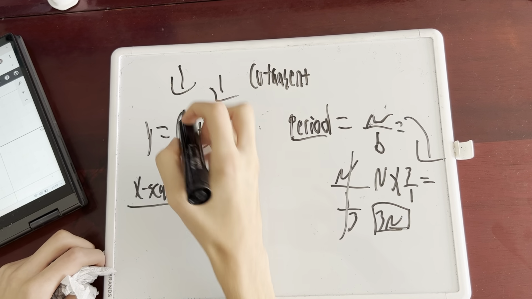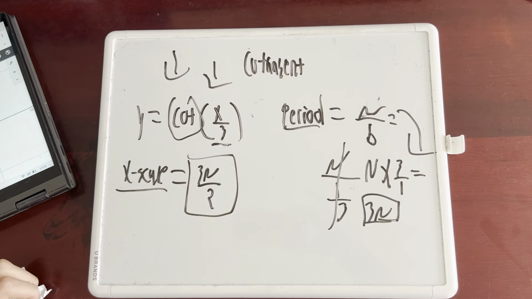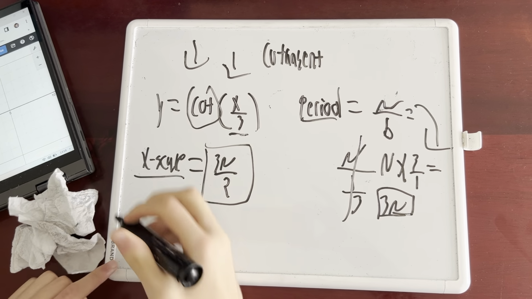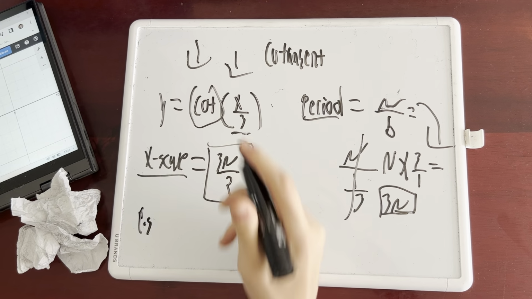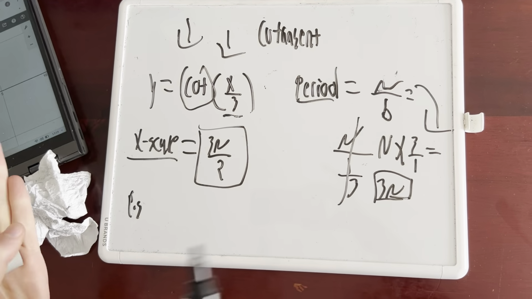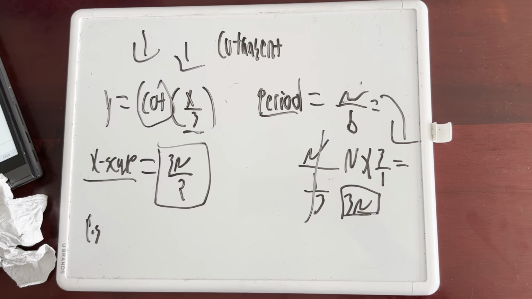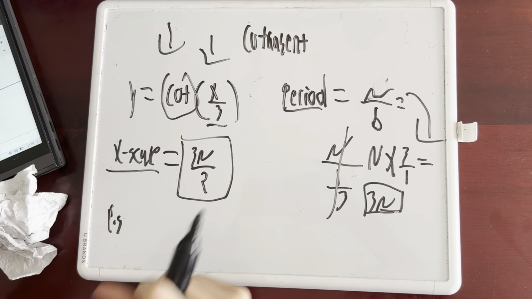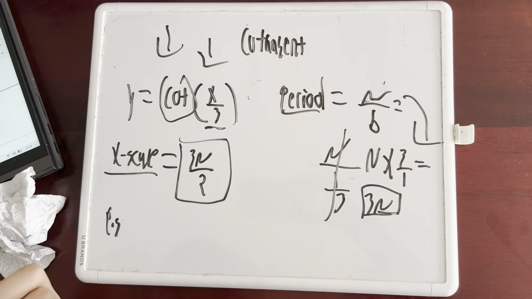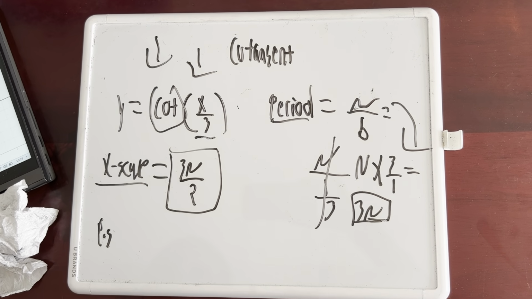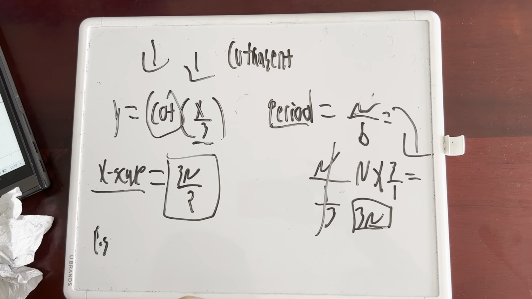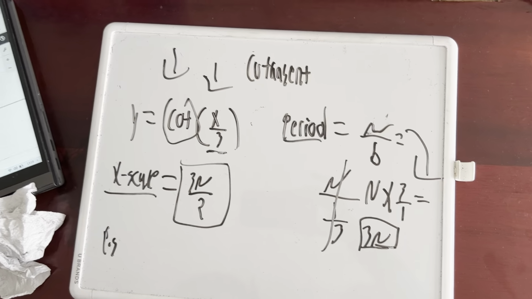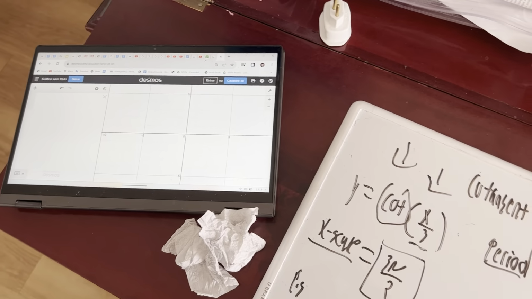And now, we have our x scale, we have our period, we have our function, our cotangent. So what we need to do now is we have to do what we call phase shift. But remember, we take what's inside our function and we equal it to 2 endpoints. If we want to choose our x, like our start and our end, in terms of endpoints for our intercepts or endpoints for our asymptotes, I would always recommend you guys always choose your endpoints as your asymptotes.